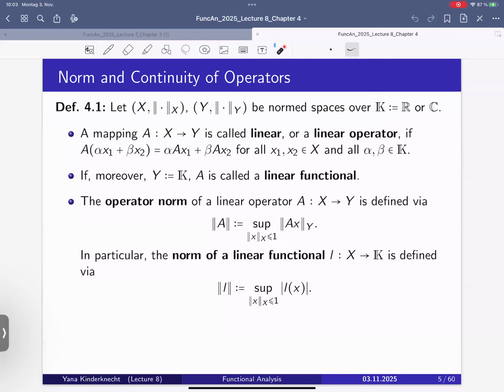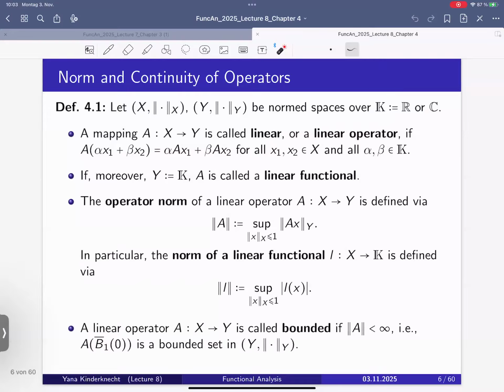Okay, so I hope that this all is actually known to you, but let us just discuss different forms of this definition. But before, a linear operator A is called bounded if the operator norm of this mapping is finite.